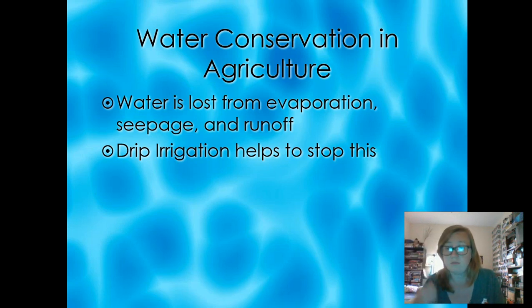There are some ways of irrigating, that means bringing water from the source to the plant, that stop that, like drip irrigation. So they'll have a slow drip. So the plant will be fed a slow amount of water instead of someone coming with a hose or a watering can and just dumping a bunch of water on. Some of that water gets lost if you do it that way. This causes less water to be lost.